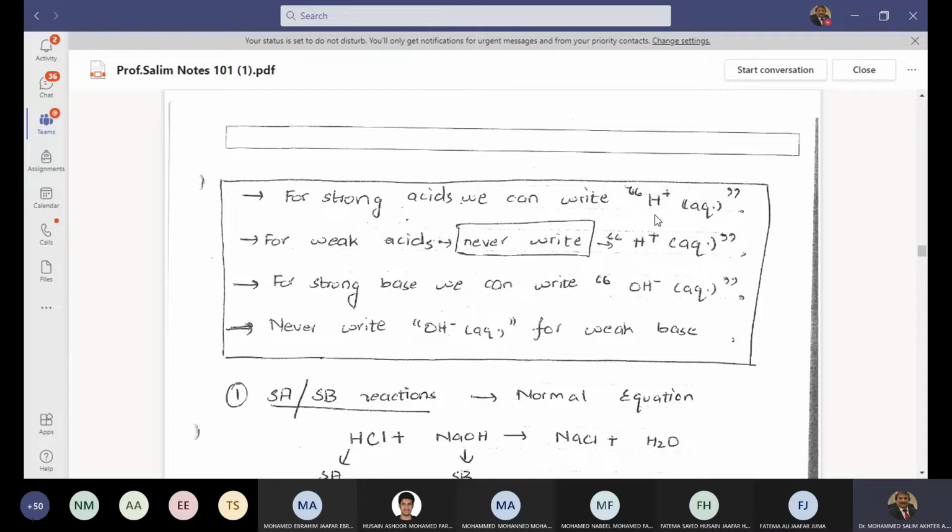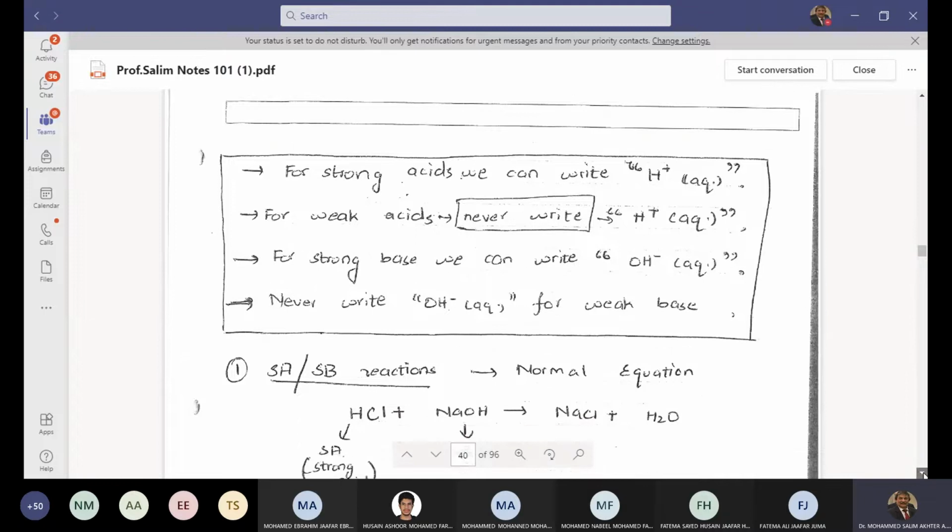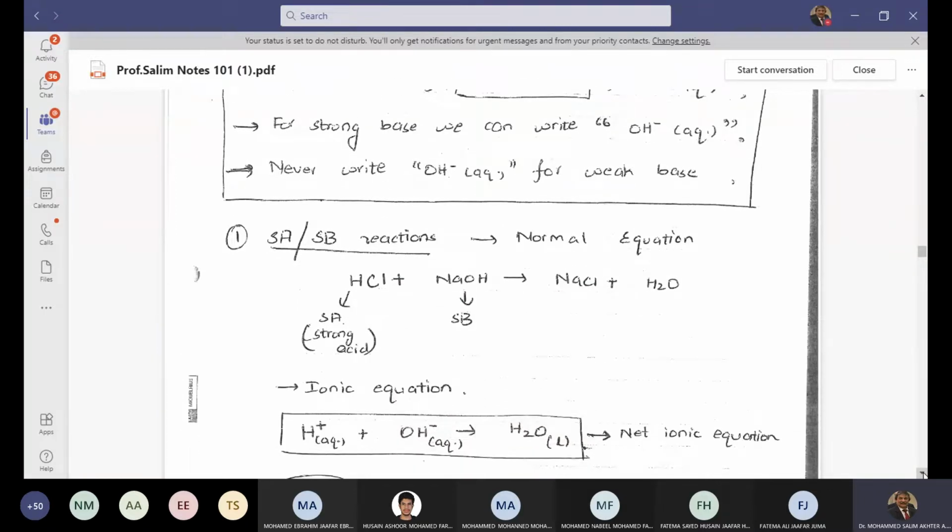But if you have ammonia, for example, or any other weak base, I cannot write OH minus because it is a weak base. What are the possible reactions I can have? I can have 4 types of reaction. What are the 4 types of reaction?